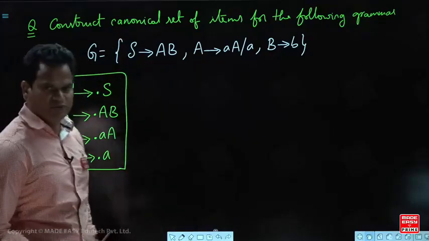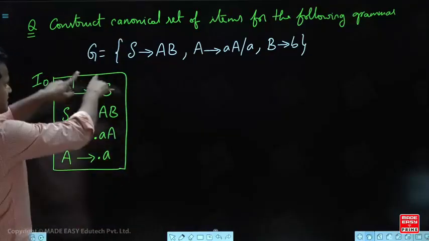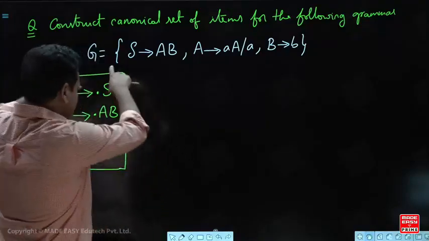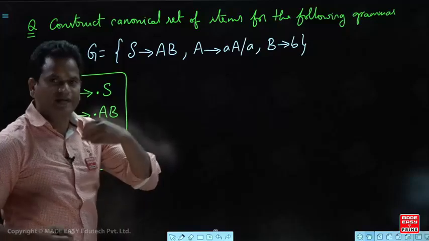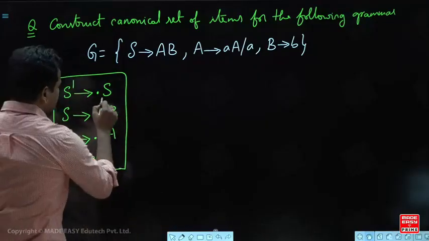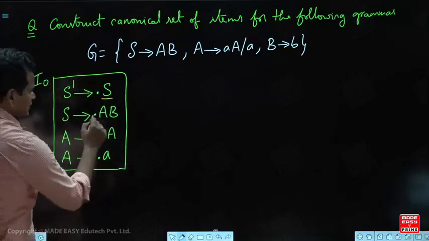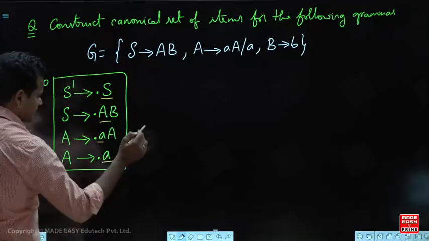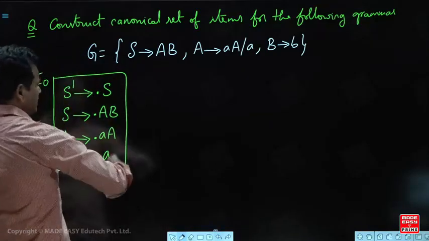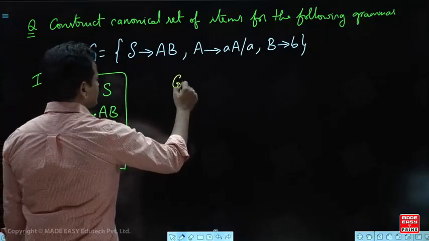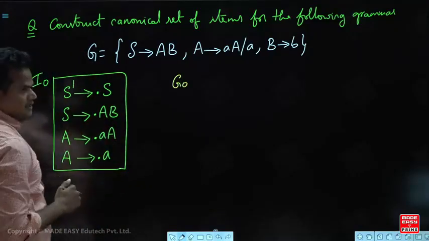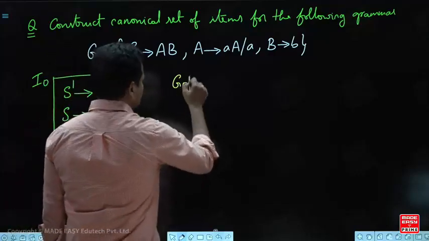Shift symbol means whatever the symbols are in this state immediately after the dot; for every such symbol, we must write the goto operation. For example, dot before S, dot before A, dot before A, dot before A. For all these, you must write the goto operation. So I am writing the goto operations in order. Means first I write for this, then for this, then for this. I'll write like that.